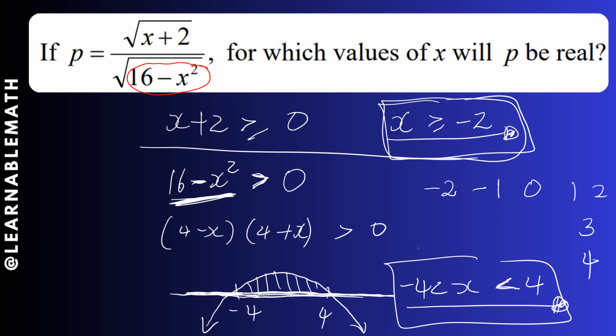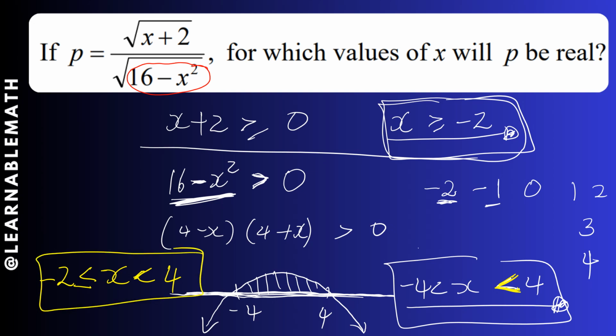Using both restrictions, from minus 2, minus 1, 0, 1, 2, 3, we are ending at 4. So we can finally conclude that our final answer is when x is greater than or equal to minus 2 but less than 4. That will be the final answer for which the value of p will be real.